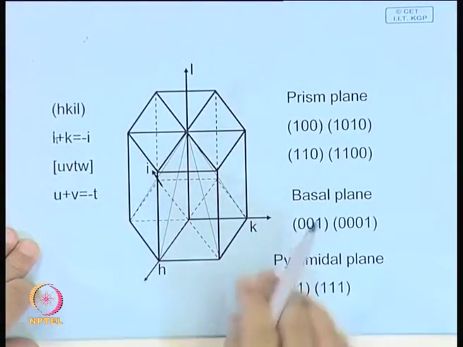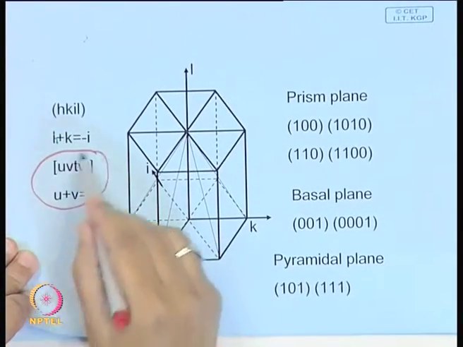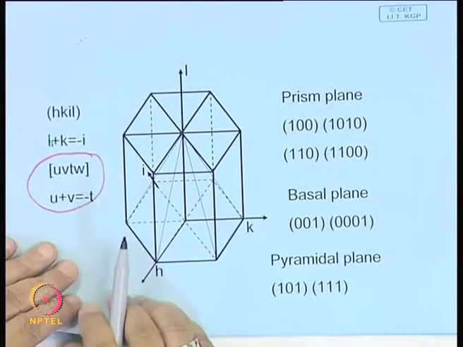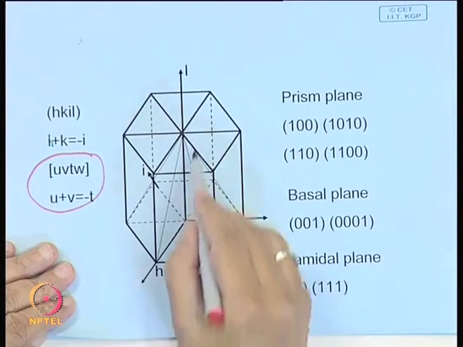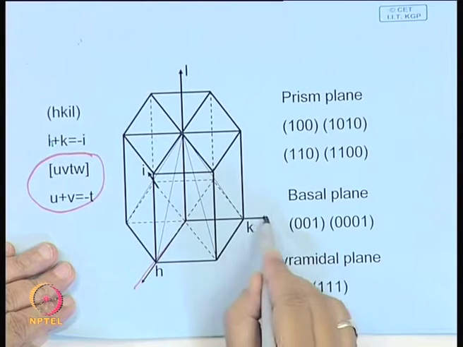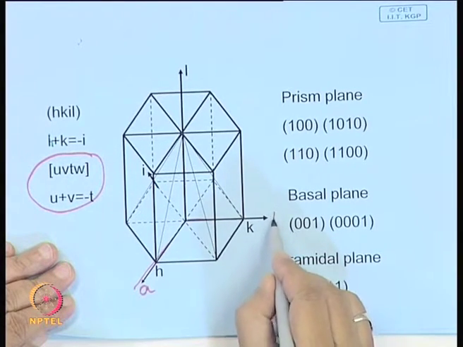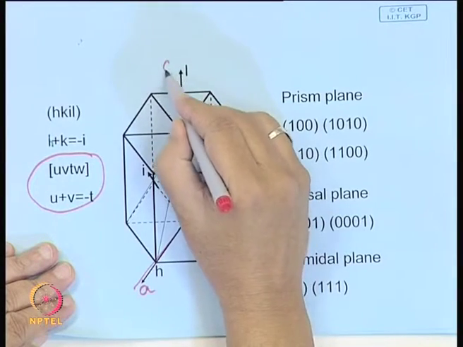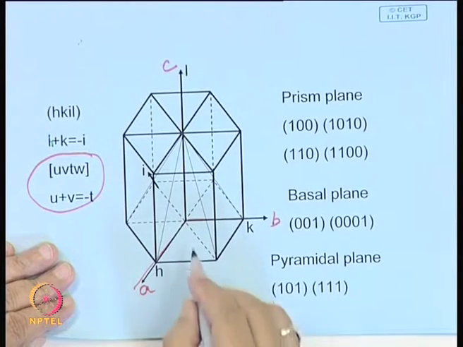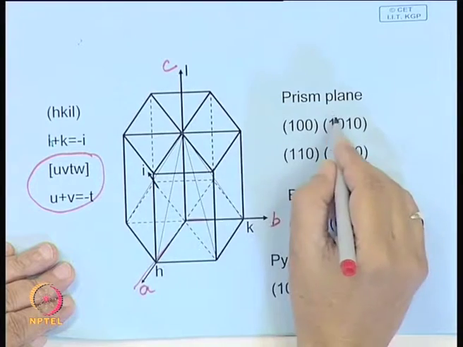Representation in hexagonal is a little more complex, particularly for directions, but it is shown over here. In case of a hexagonal lattice, this is the direction A, this is B, this is C. Now, suppose you want to find out the indices of a prism plane.